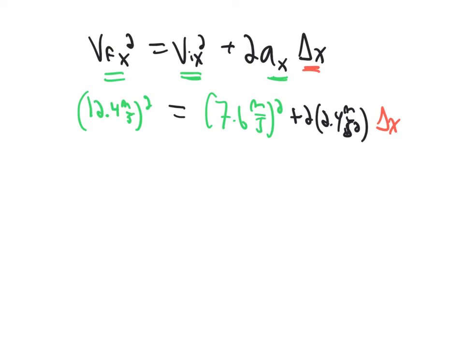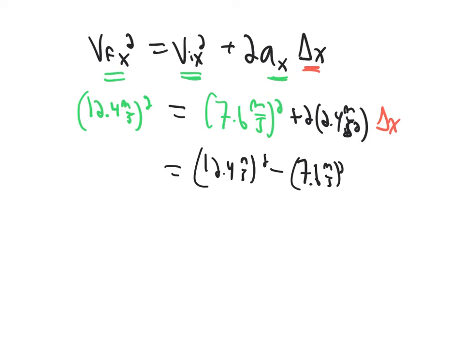I'm actually going to solve it first for delta x. This is an alternate. If you're like, I know how to solve that, just solve it. But in general, I like to rearrange things first before I plug into calculators. So I'm going to subtract this off, which leaves me with 12.4 meters per second quantity squared minus 7.6 meters per second quantity squared.